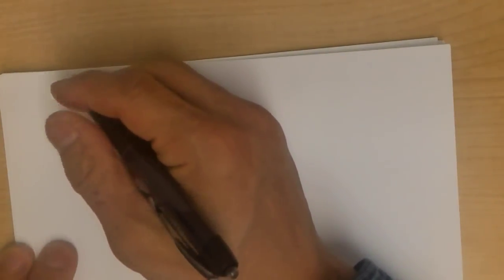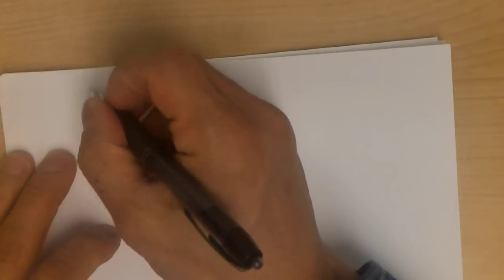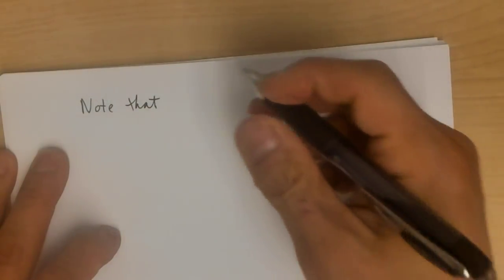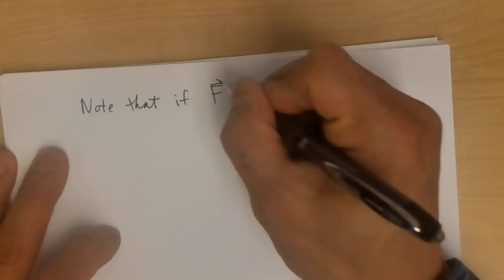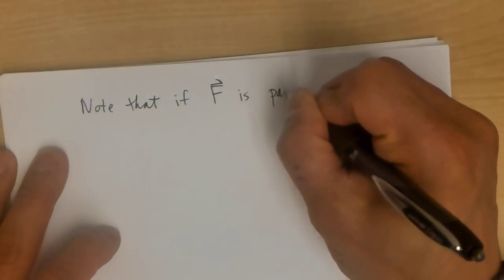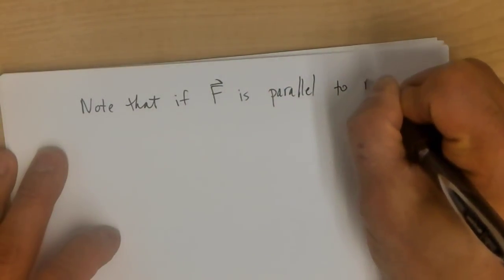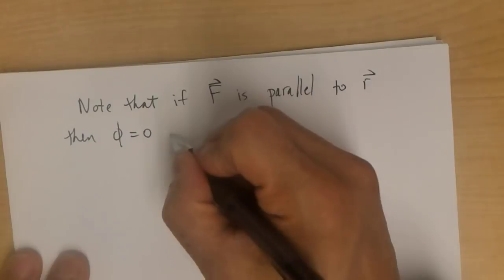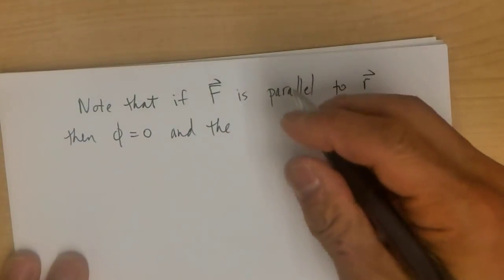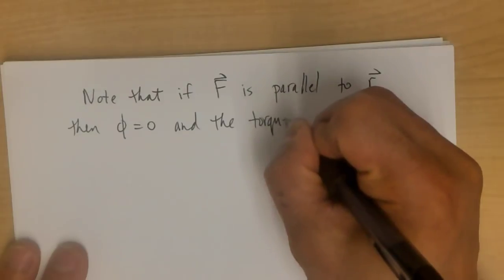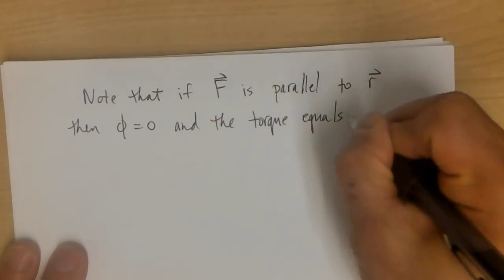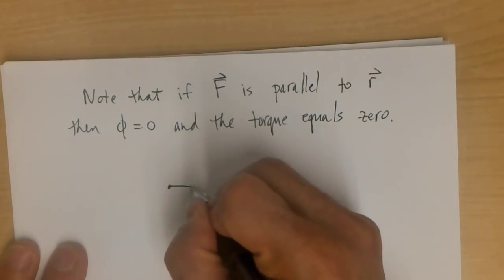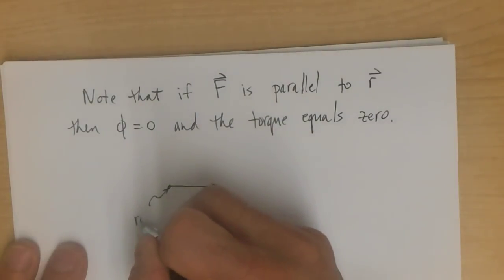The next thing I want to mention is that if the force and the lever arm vector, this R vector, position vector, note that if F is parallel to R, then phi is equal to 0, and the torque equals 0. Okay, so let's take a look at this. Suppose we have this rotation axis.